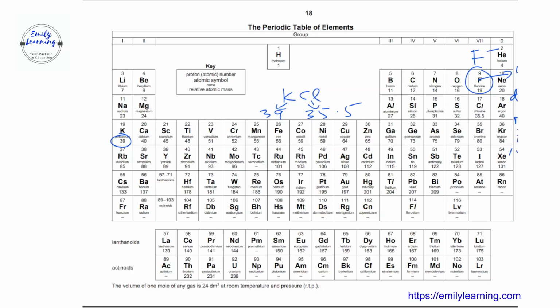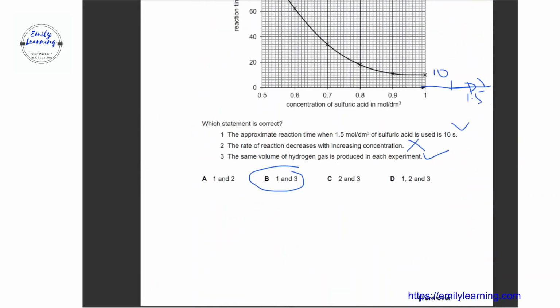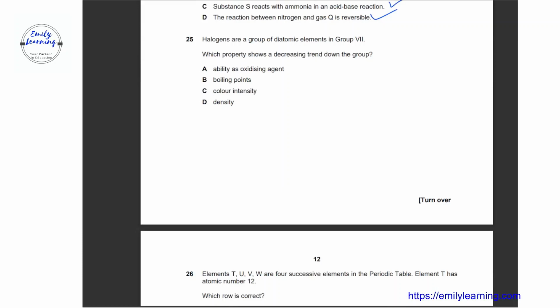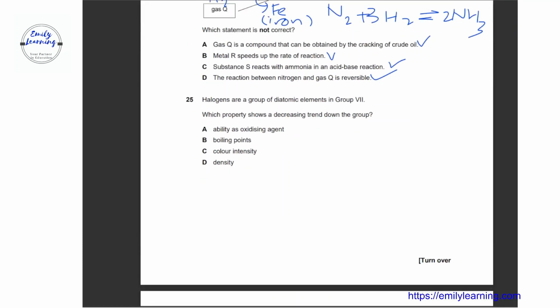So that is why the higher halogens can displace the lower halogens from their aqueous salt solution. Okay, so let's take a look at the options for this. Here, their ability to act as oxidizing agent decreases down the group. A is correct. Boiling point increases down the group.